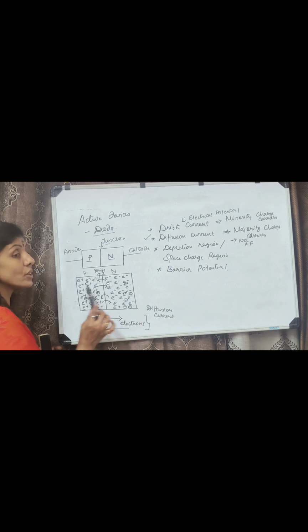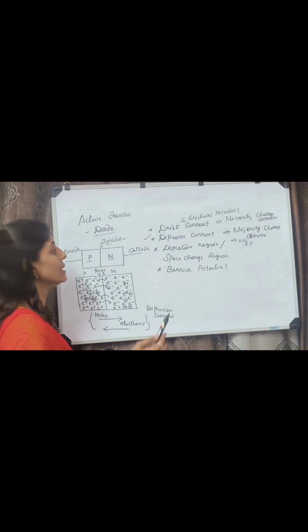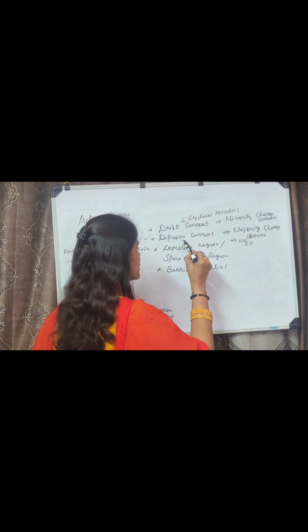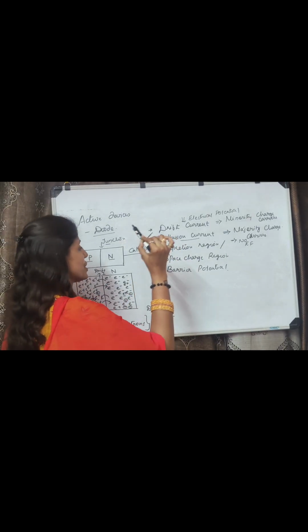So the holes also want to be equally distributed from one region to another. Because the charge carriers are diffusing from one place to another, the movement of charge carriers produces a current. We call that current a diffusion current. Is it clear what this diffusion current is?